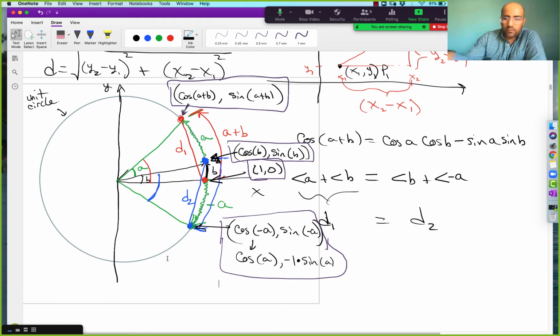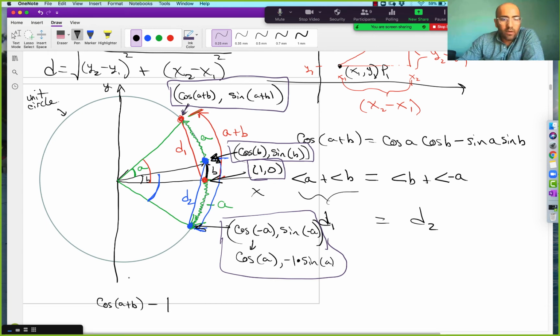So let's squeeze in the definition of d1 and d2. d1 is going to be the x coordinates subtracted. So it'll be cosine of a plus b minus cosine of minus 1, right?